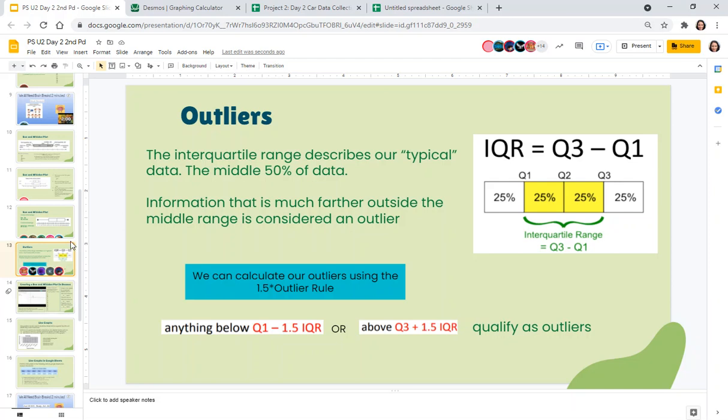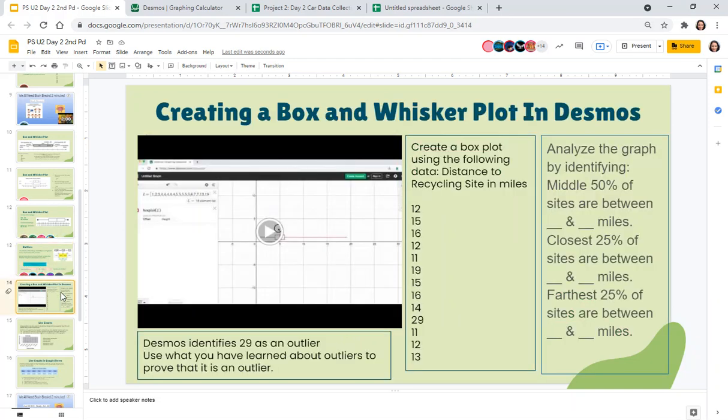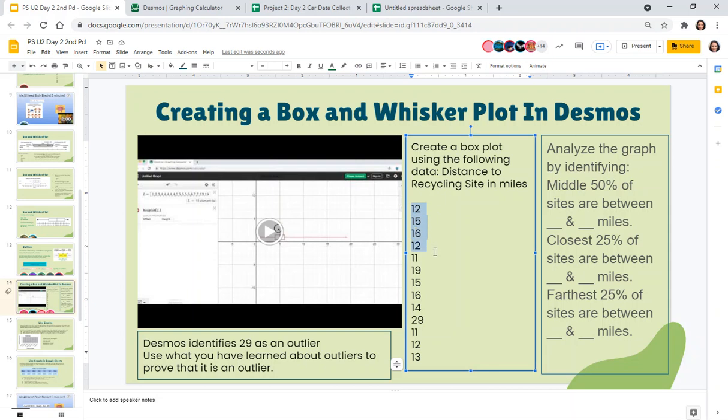I think we have an example here. So on slide 14, we have distance to recycling site in miles. And I have a list of numbers: 12, 15, 16, 12, 11, 19, 15, 16, 14, 29, 11, 12, and 13.